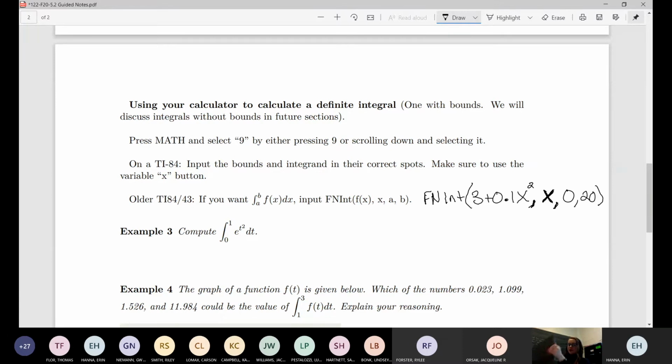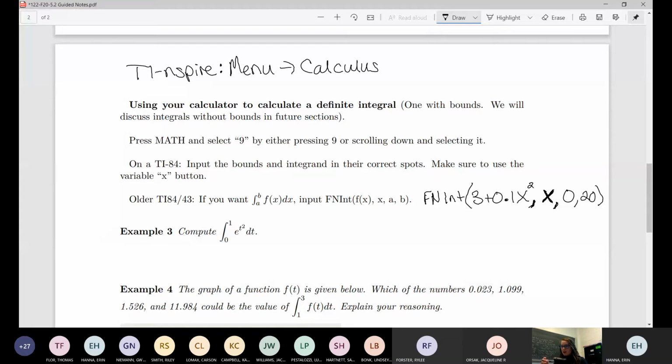Oh, I forgot to talk about TI Nspire. Hopefully my notes are right on this because I forgot to check. For that, you'll hit the menu button. You'll scroll down to calculus.